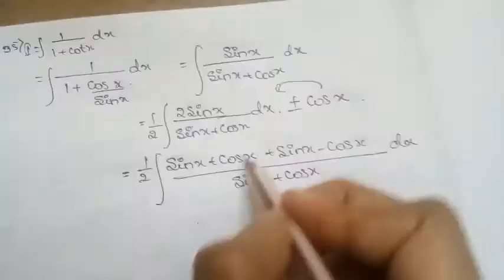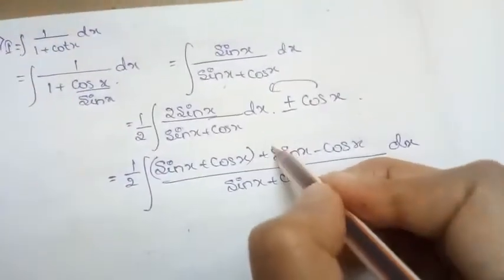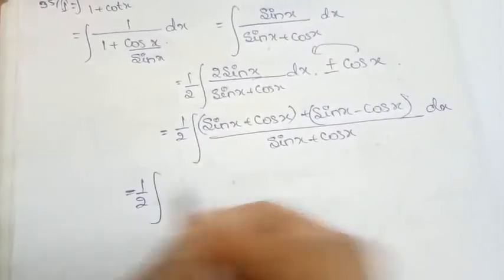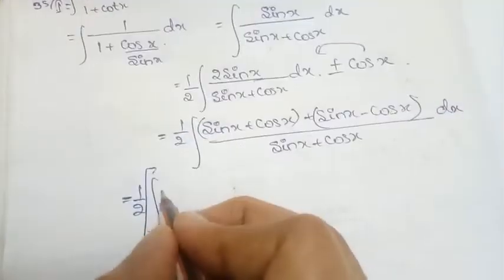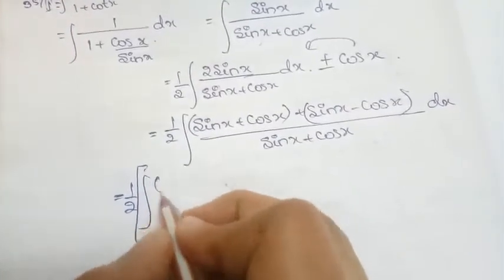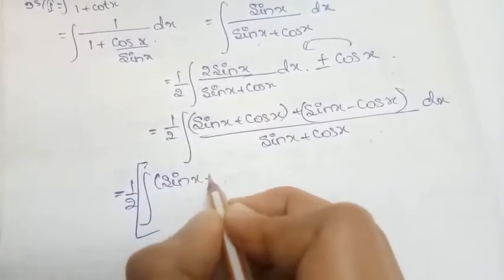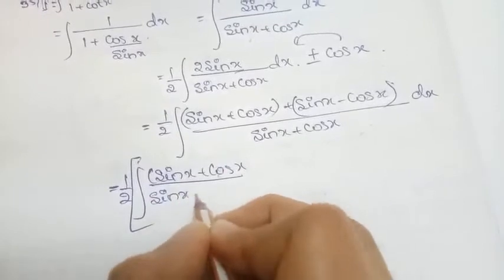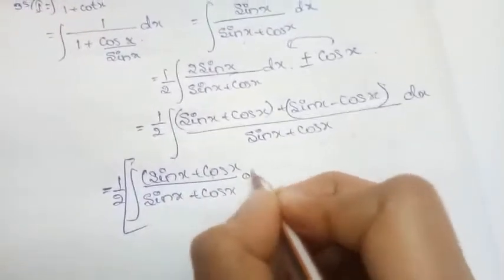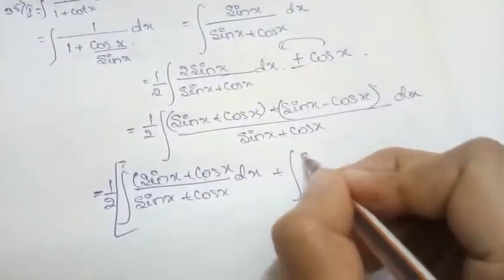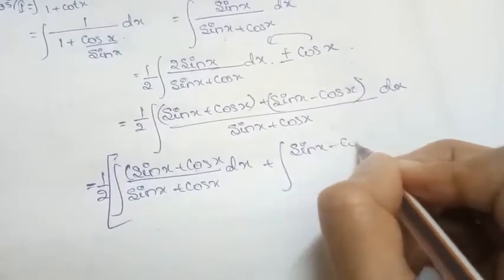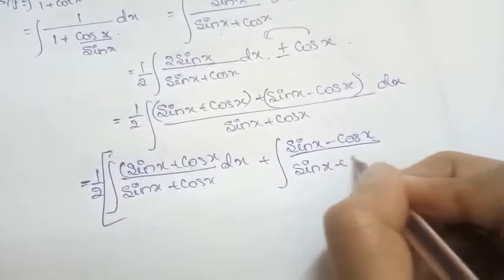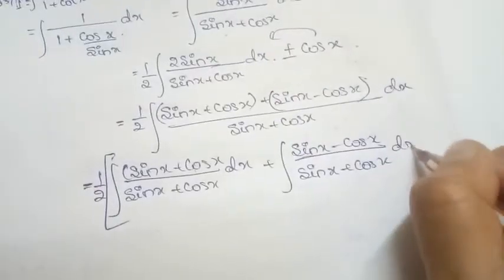Then I am grouping the first two terms and the next two terms, so that I can split this integral. It becomes 1 by 2 big bracket integral of sin x plus cos x divided by sin x plus cos x into dx plus integral of sin x minus cos x divided by sin x plus cos x into dx.